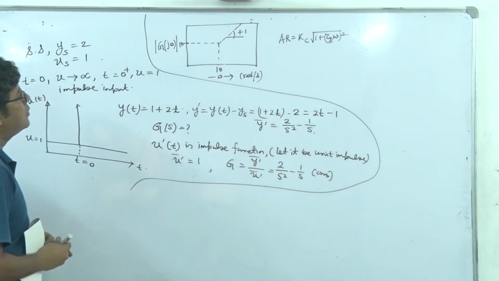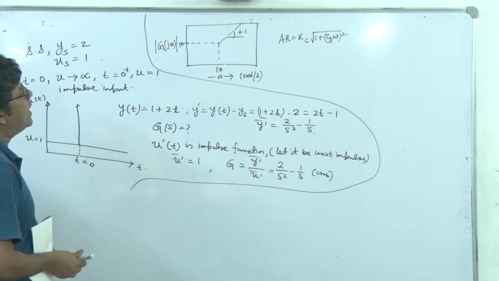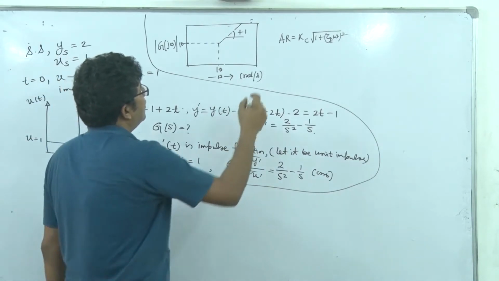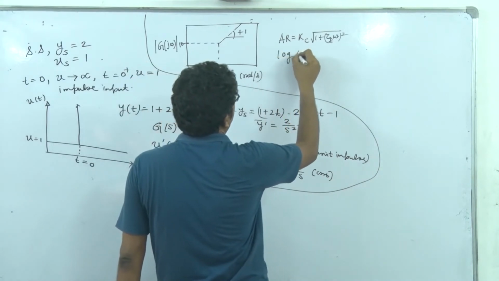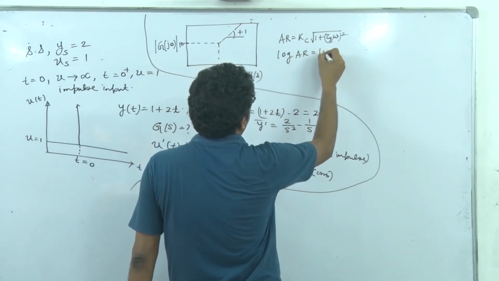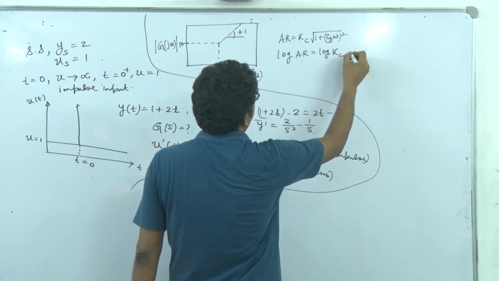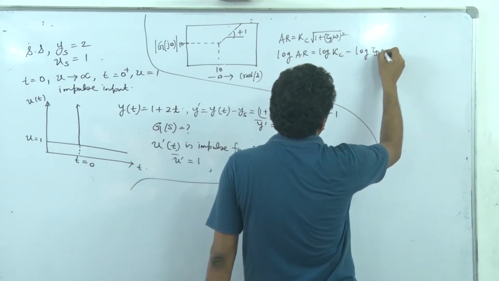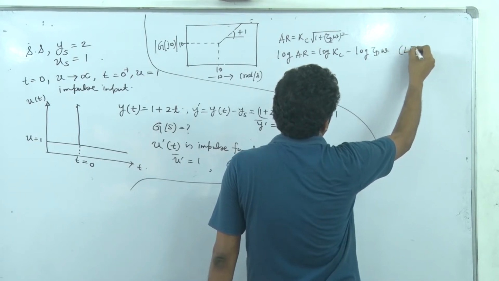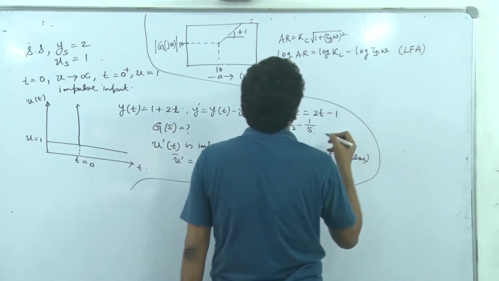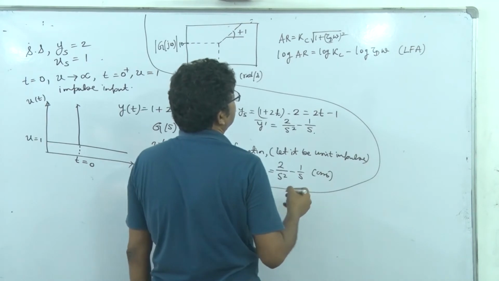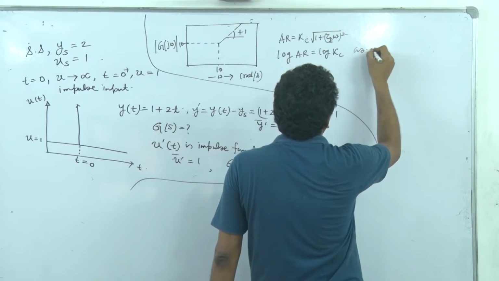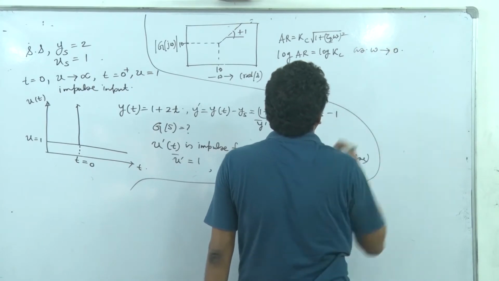So for omega having a very low value, if we go for logarithm, log of AR is equal to log of Kc, as tau d omega tends to 0.